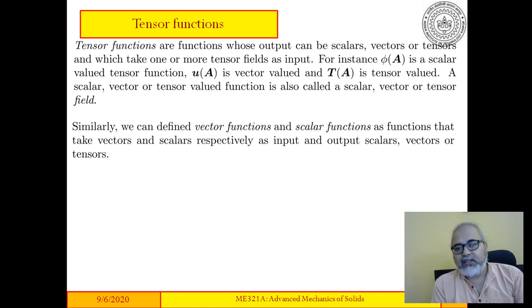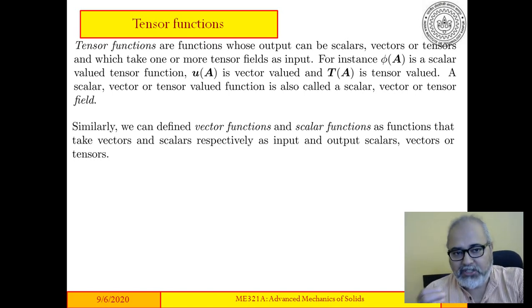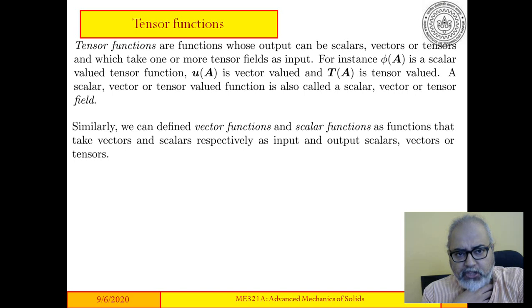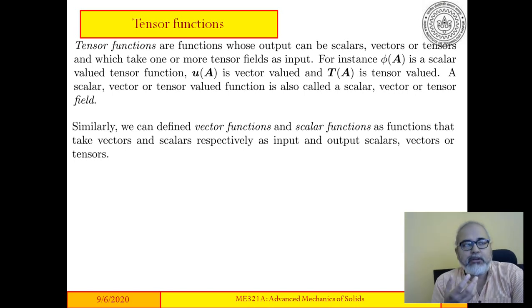So there are many possibilities. The easiest kind of variation that we can think of is that we have a vector or a tensor which depends on time only. It doesn't depend on space, it just depends on time.